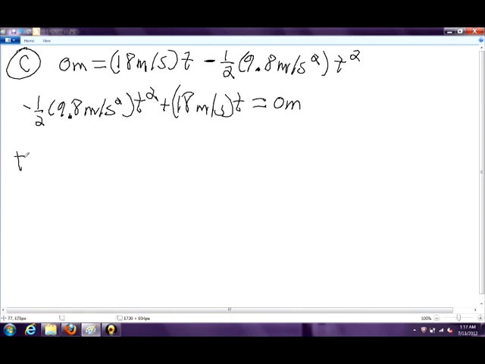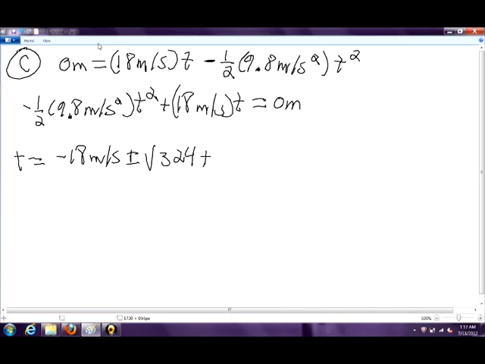Now we have t is equal to minus b, which is minus 18 meters per second, plus or minus the square root of b squared, which we said was 324, minus 4ac, so it's going to be plus this time.